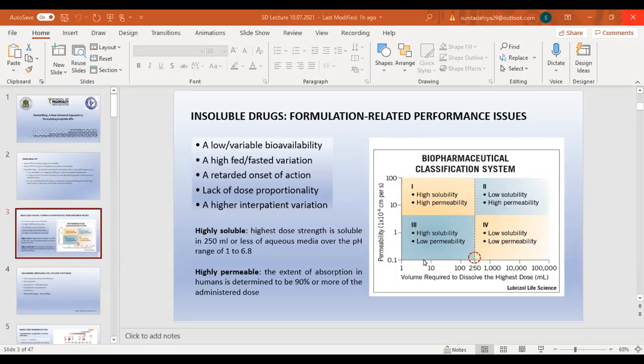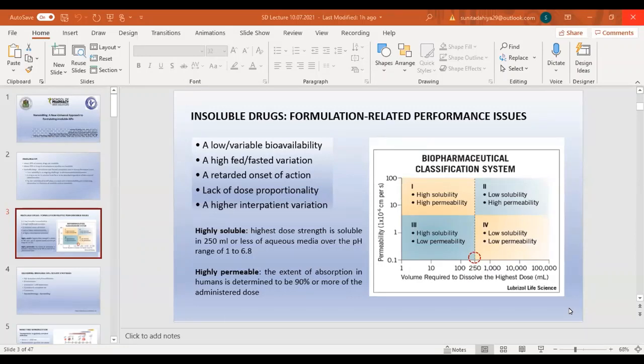In case of class 3, the permeability is a problem. So here, if the drug candidate belongs to class 3, then we have to focus on the approaches which will improve the permeability.